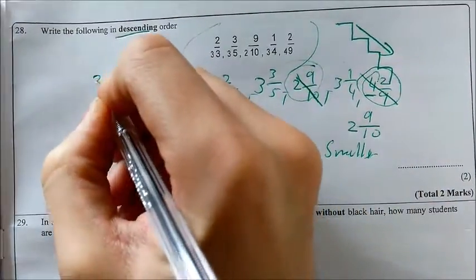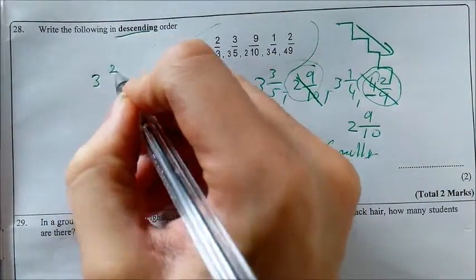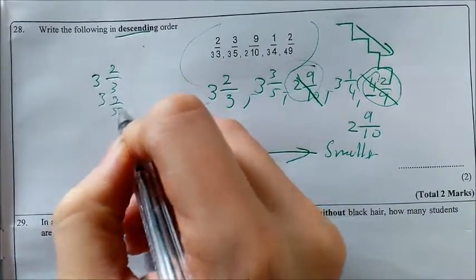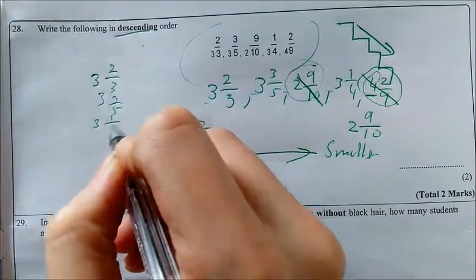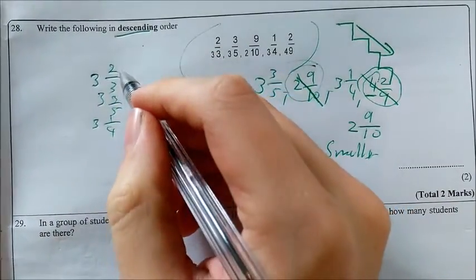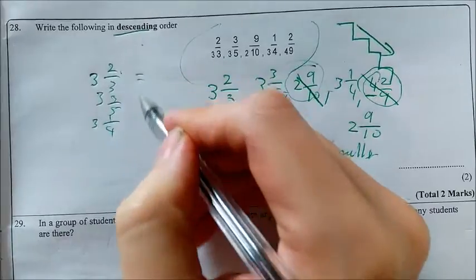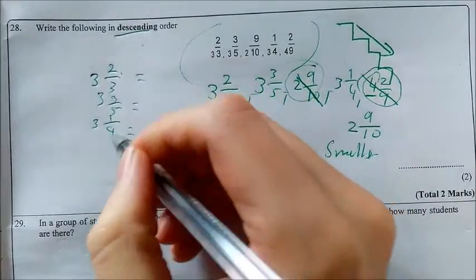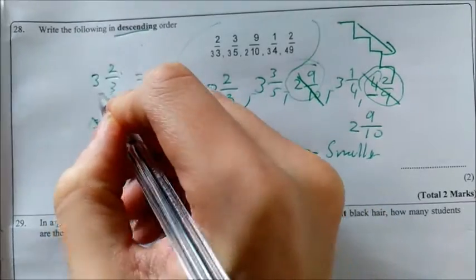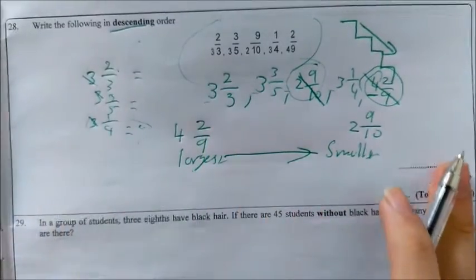Then I'm just going to write these 3. So I've got 2, 3 and 2/3, 3 and 3/5, and 3 and 1/4. Now, how am I going to work these ones out? The way I do it is I make them into decimals. So using my knowledge of decimals, I know 1/4 is 0.25. I'm just ignoring the 3s right now, by the way, because I know 3s are all equal.